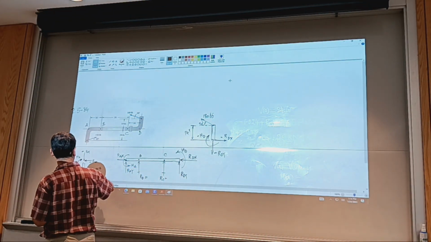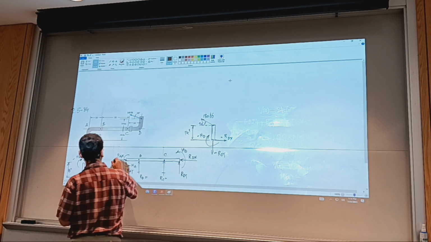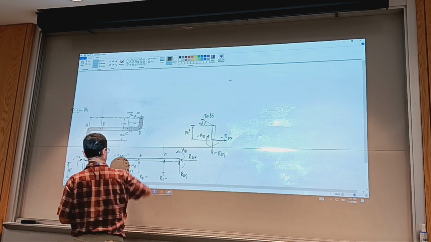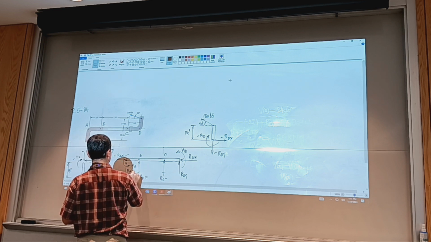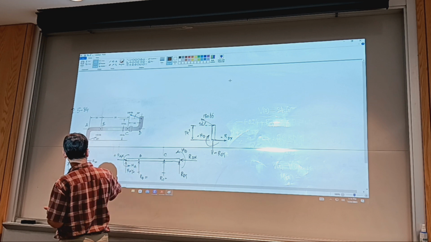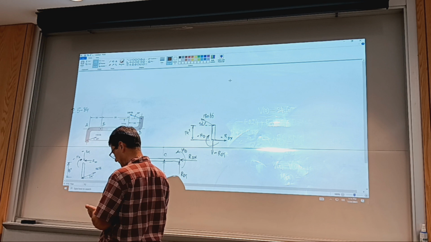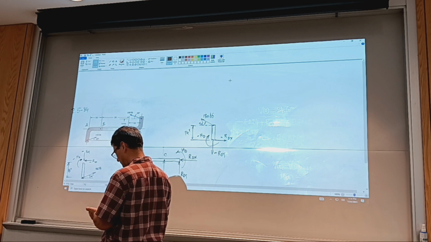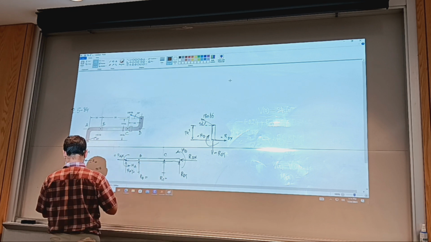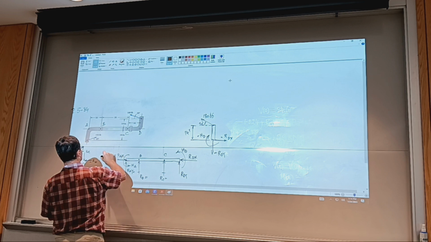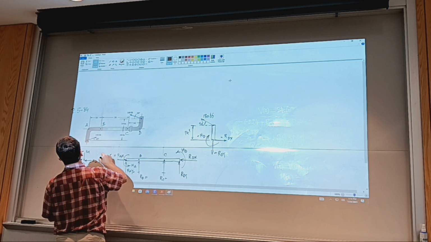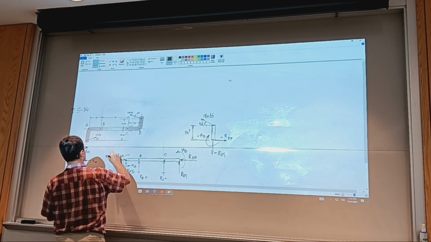I'm going to populate this graph with values. What is RAX that goes into this figure? It's going to be 125 times cosine 20, so this is 117.5, and units are pounds.